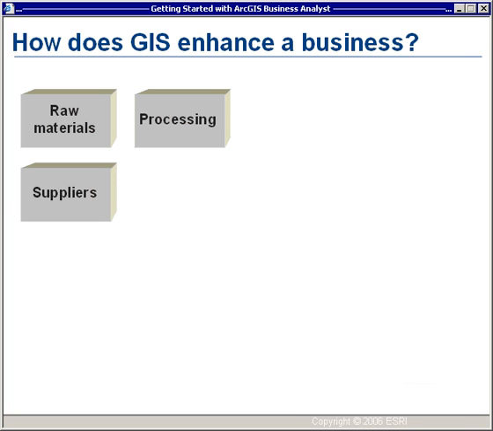Well, GIS has been used in business for a while, but it's just now becoming much more popular. Originally, GIS was used back in the 60s for forestry and agricultural problems, but how can it be applied to businesses? Well, there's sort of a supply chain that happens with products and how it goes from raw materials to a customer.